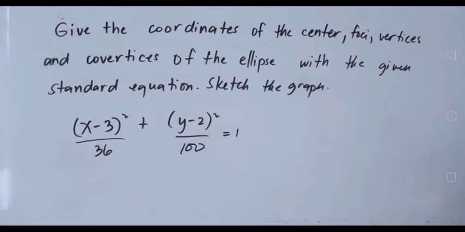Given example: give the coordinates of the center, foci, vertices, and co-vertices of the ellipse with the given standard equation, and sketch the graph. The equation is (x - 3)² over 36 plus (y - 2)² over 100 is equal to 1.